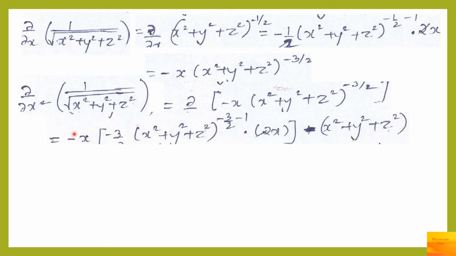So we have kept minus x constant here, and we have differentiated the second term, that is minus 3 by 2 into x square plus y square plus z square the whole raised to minus 3 by 2 minus 1, and also we have to differentiate x square, that is 2x, and then we have to keep this second term constant. Here you can see the second term is constant, and we differentiate x, so that is 1.